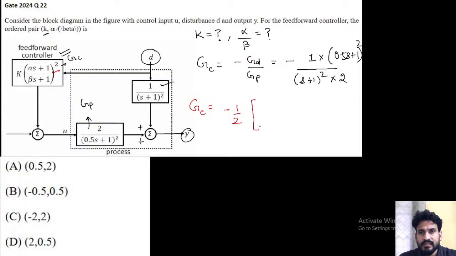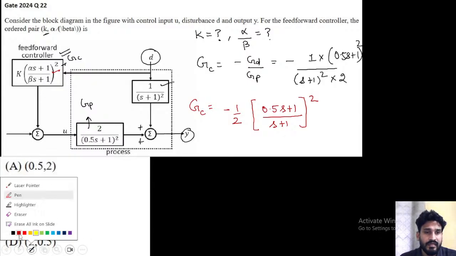So it is 0.5 S plus 1 divided by S plus 1 and its whole square. I think now you can compare these values and find out whatever they are asking.